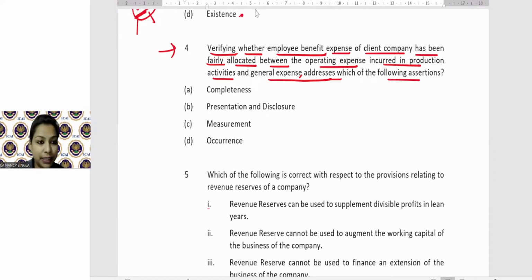So is it completeness? Is it presentation and disclosure? Is it measurement or is it occurrence? So students, I need your correct answer. Then we will be discussing the last MCQ for today's session.